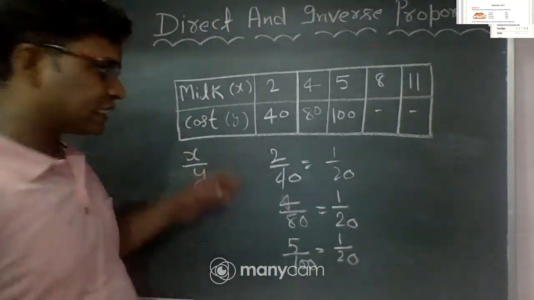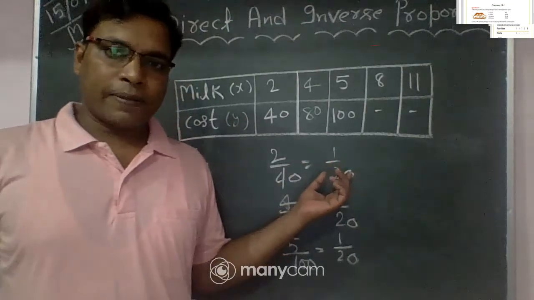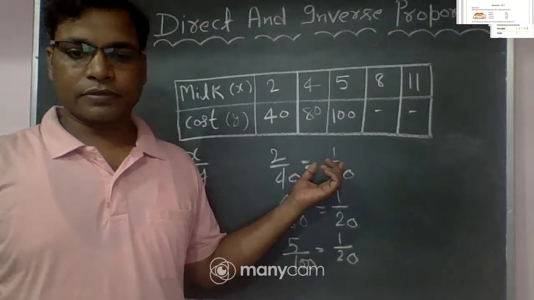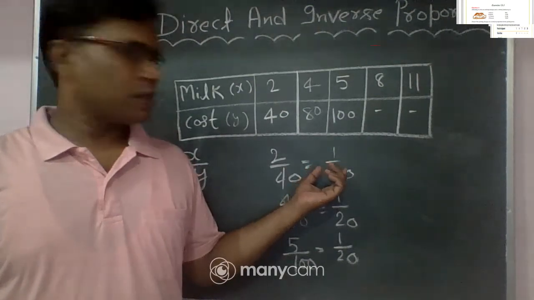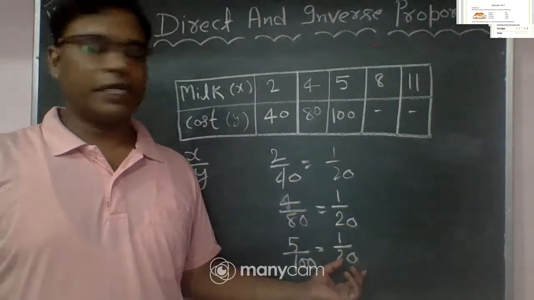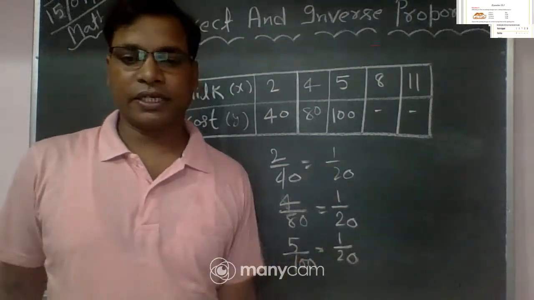So you can see in each case the ratio is 1 by 20. Clear? It means that x by y is constant.